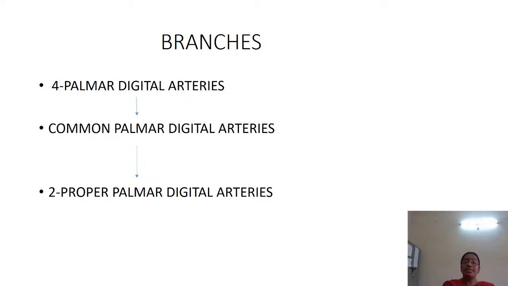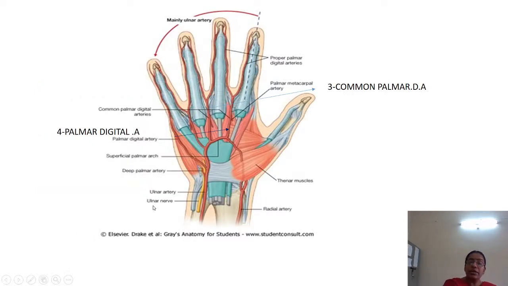Now coming to the branches. When you see this, yes, this is the arch that you are seeing. From the convexity of the superficial palmar arch, you come across some branches.